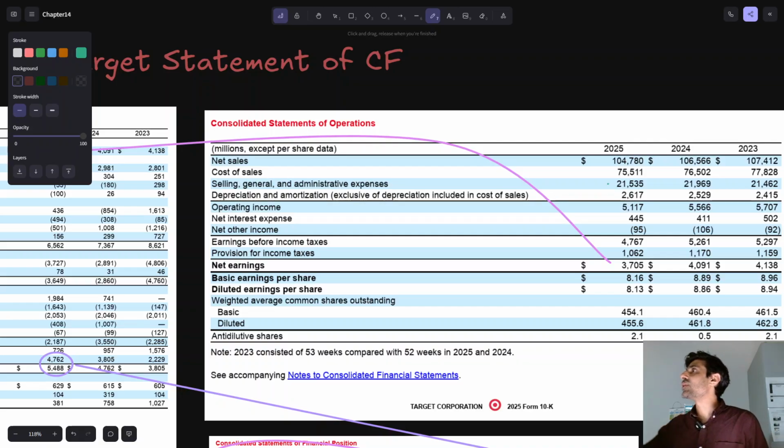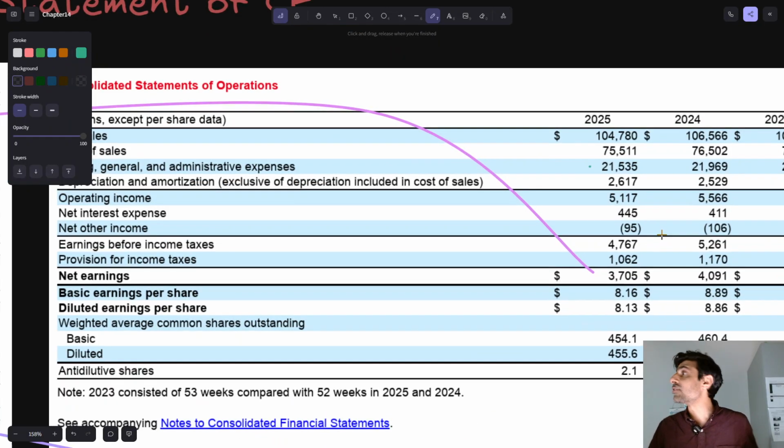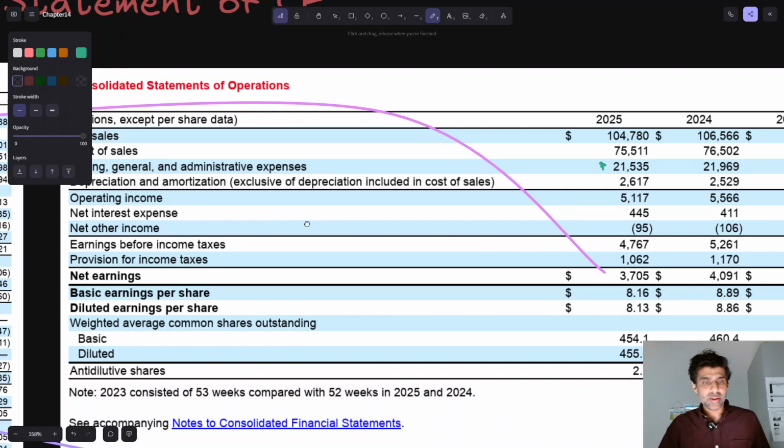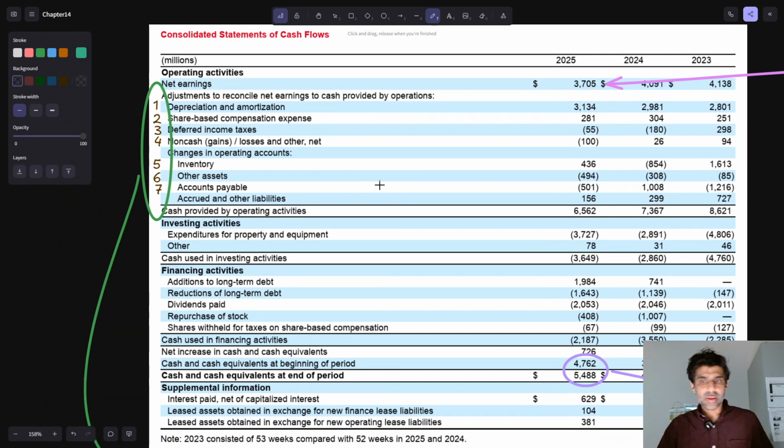So of their total general corporate expenses, the stock-based compensation is quite small. But it's in here somewhere. We're trusting the company to disaggregate that part of this total expense and make that adjustment. And again, this is a positive adjustment because this is a non-cash expense that we're adding back.